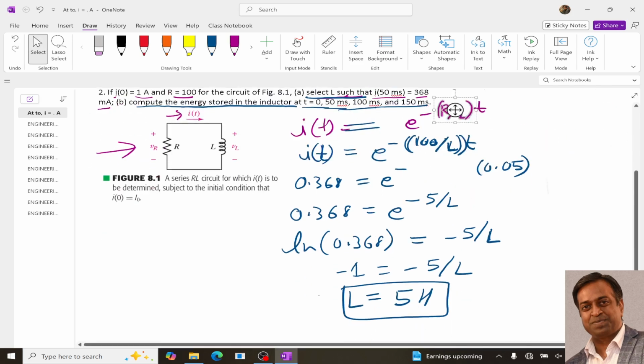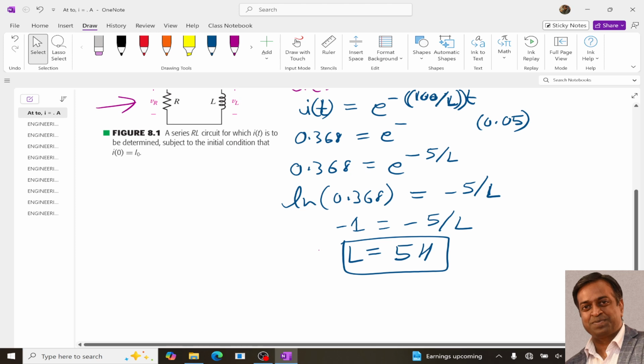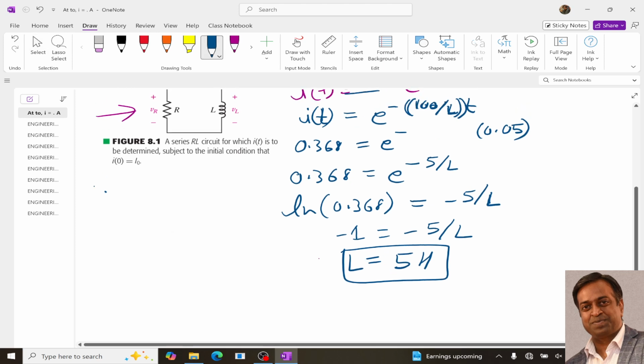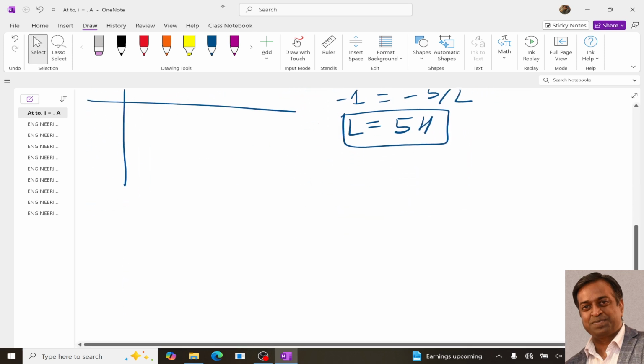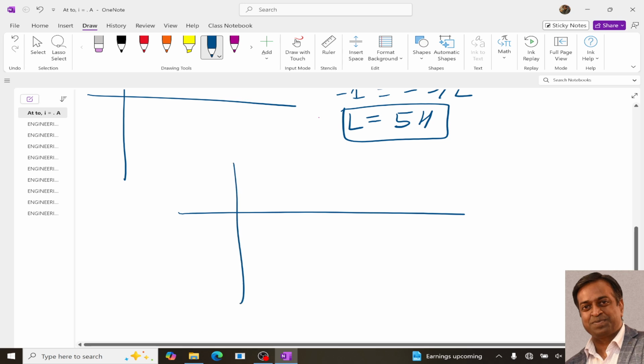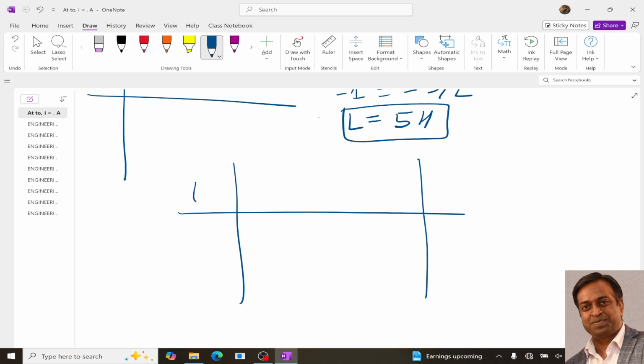Now we know that the stored energy within the inductor is given as half L i square, where i is the current flowing through the inductor. So over here, let me create a table with columns t, i and w_L.